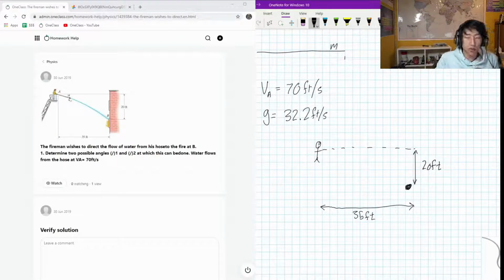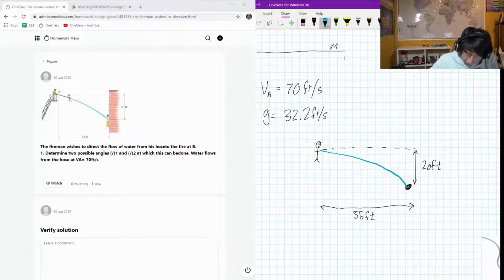Okay, so if we wanted to imagine the two possible paths of the water, we got blue, that's a very appropriate color for water. We could have this situation where we're going below the horizontal line, or we could possibly have this situation.